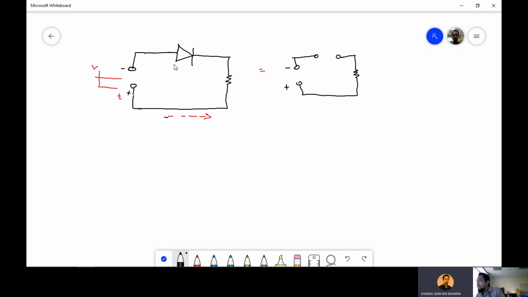Okay, so under this condition, when we reverse the polarity, we call this reverse biased. Reverse bias means we change the polarity here, previously positive and negative, into negative and positive. So it will block and the diode acts as an open circuit.